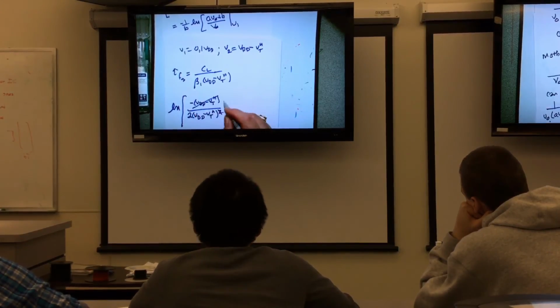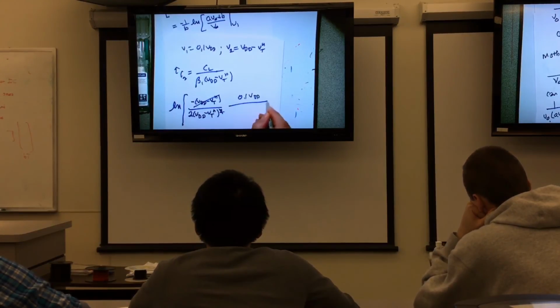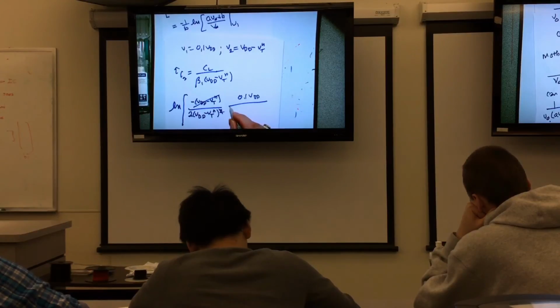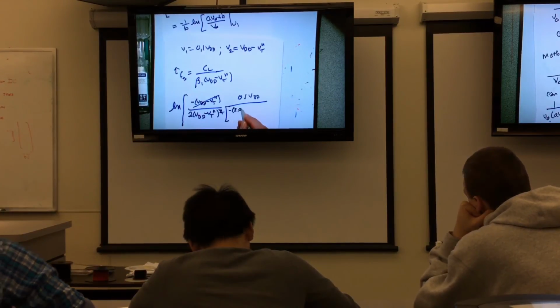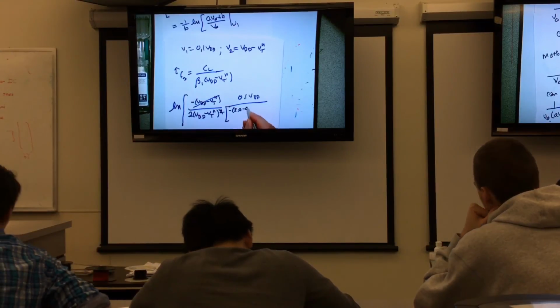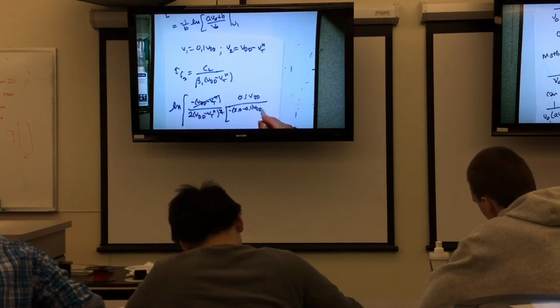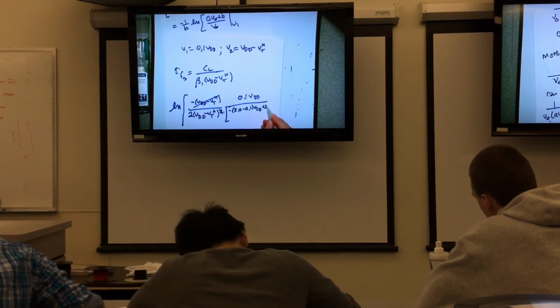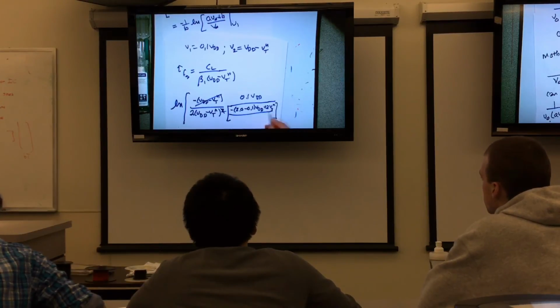That's going to go away there. 0.1 VDD divided by, there's a little messiness here, minus 2.0 minus 0.1 VDD plus 2 V threshold N, all divided by VDD.